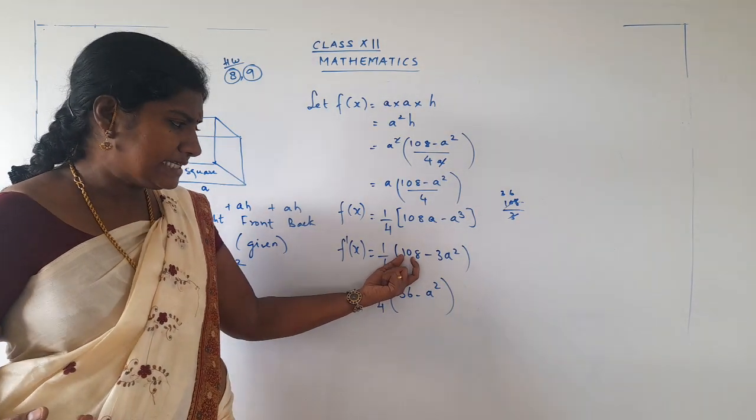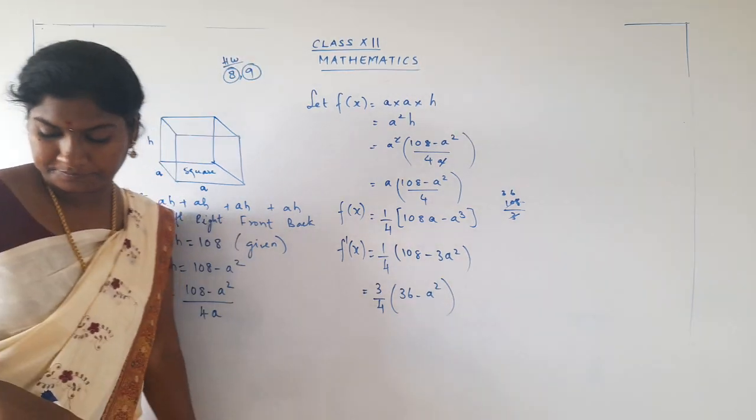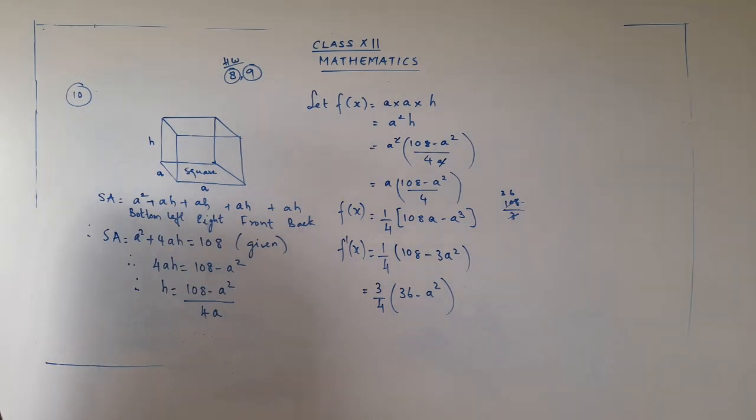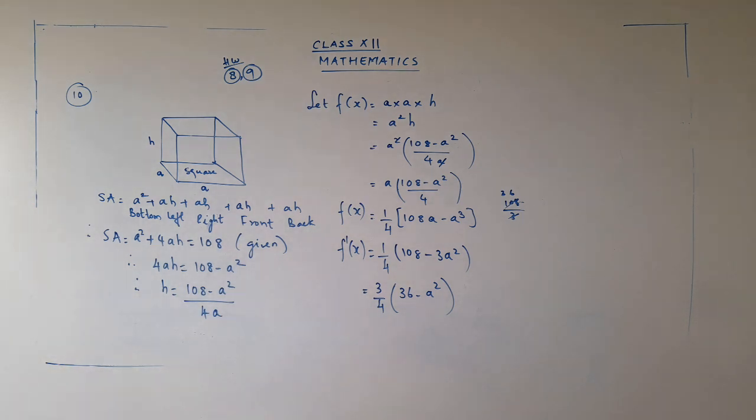So I get 36 minus a square. So I get f dash x as 3 upon 4 into 36 minus a square. Have you completed f dash x, children?